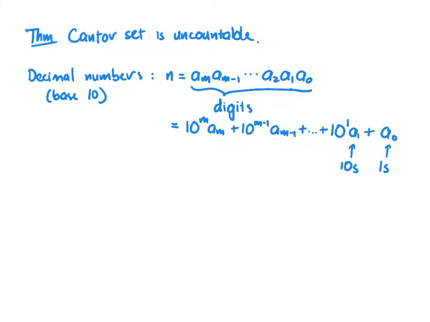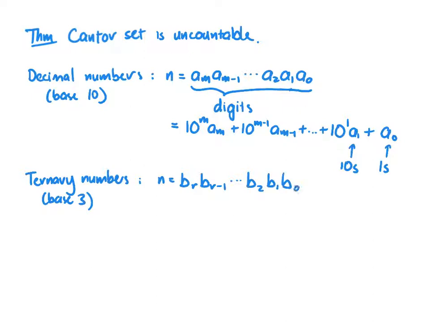Okay, so in ternary, we just switch this to base 3. So ternary numbers, this is base 3. So when I write something like this, n is, say, b sub r, b sub r minus 1, all the way down to b sub 2, b sub 1, b sub 0.